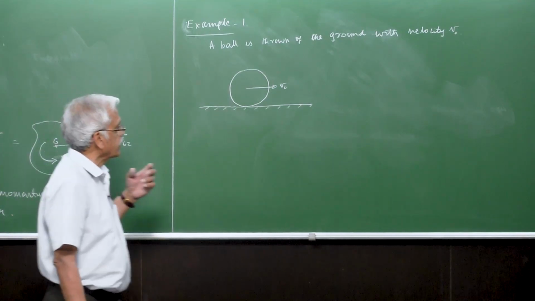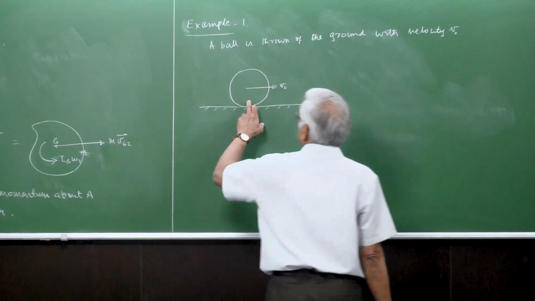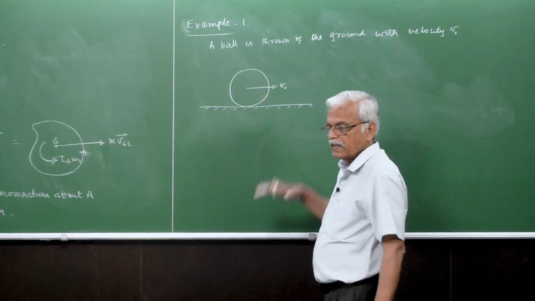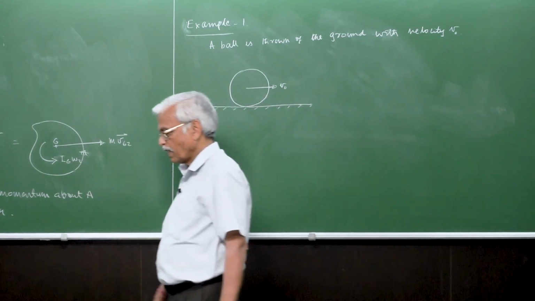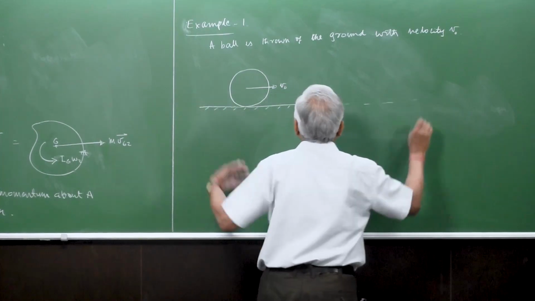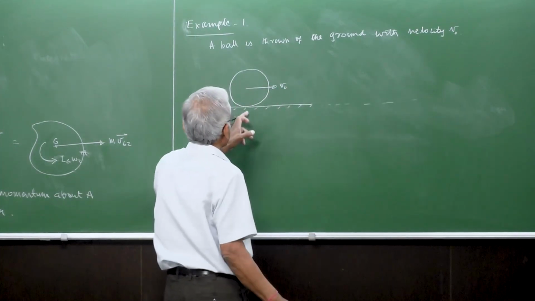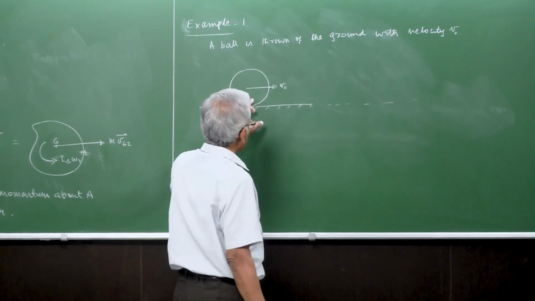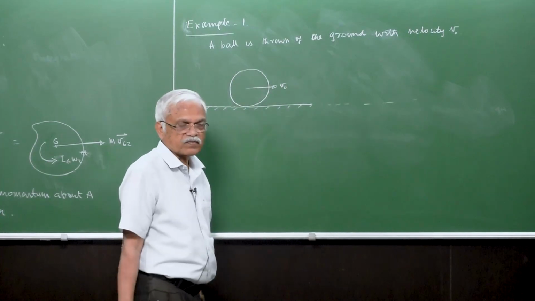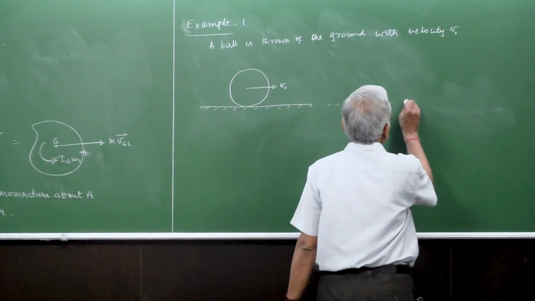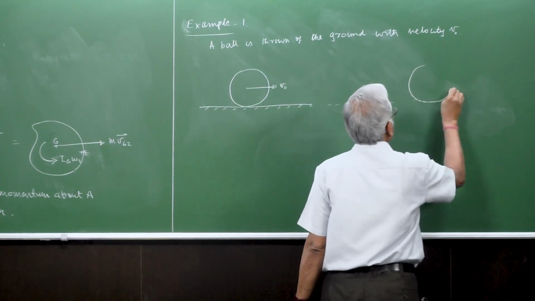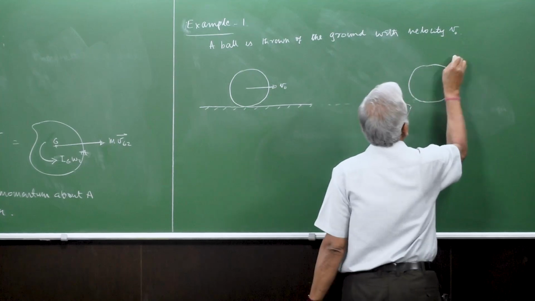You can very well see that at this moment when you throw it, there is no rotation. It's only a linear velocity this ball has, and then as it moves down the line, because of the friction contact between the ball and the ground, it starts developing a certain amount of rotation, and after some time this is the steady state.